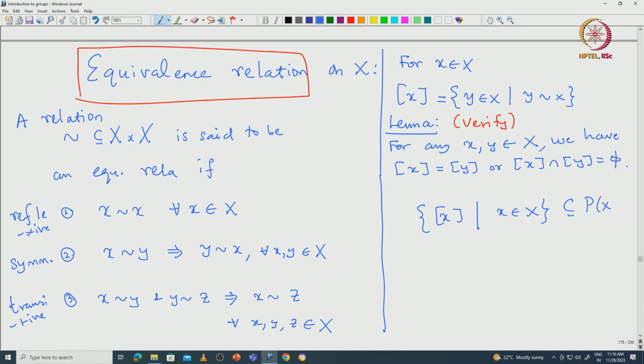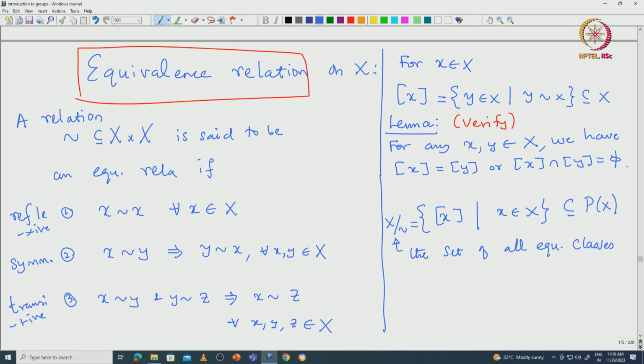This sits inside the power set of X, because equivalence classes are nothing but subsets of capital X. This set of all equivalence classes is mostly denoted by X modulo tilde. So, this is called the set of all equivalence classes, related to that capital X and the relation tilde.